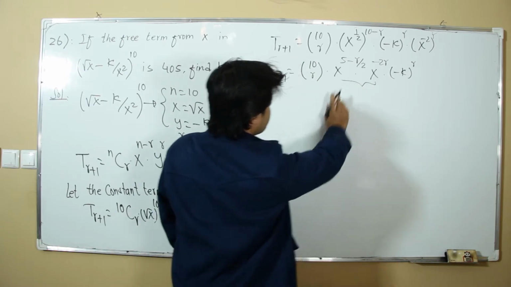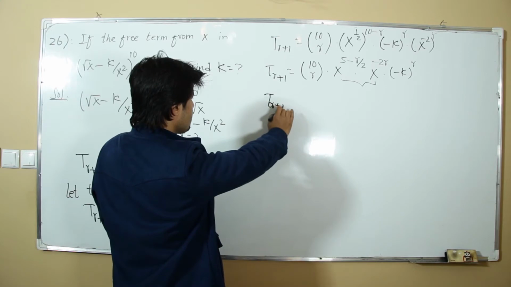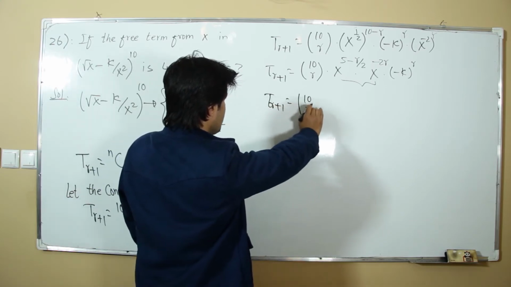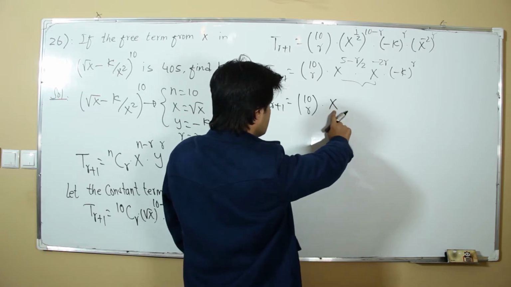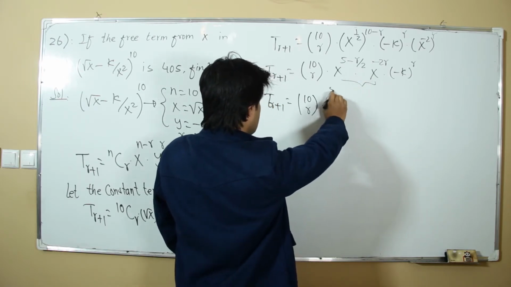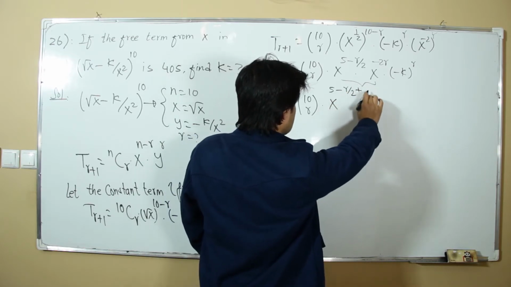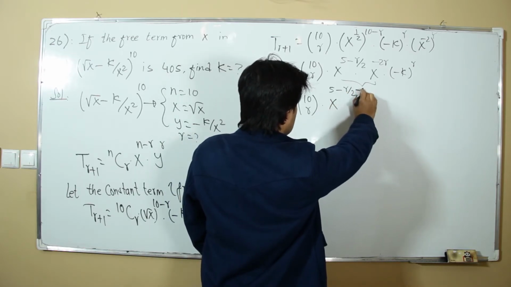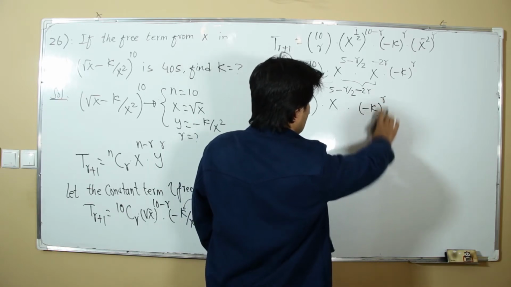Here the bases of x are the same, so we can write t(r plus 1) is 10Cr, x, and the powers are added: 5 minus r divided by 2 plus minus 2r, times minus k raised to the power r.